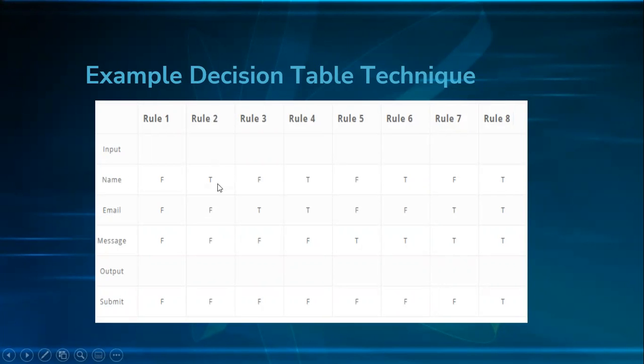So I've got true, false, false. My expectation is that the submit button should still not open, because in my requirement, I've been told that email and message are necessary. They are must-haves. They should be there. But they didn't have it. It's only the name that is valid here. So hence, the submit button should not be enabled.